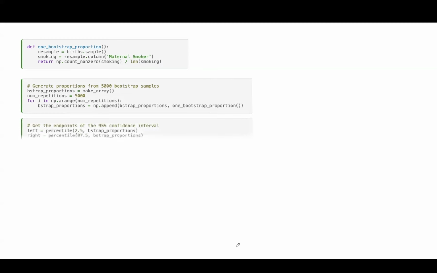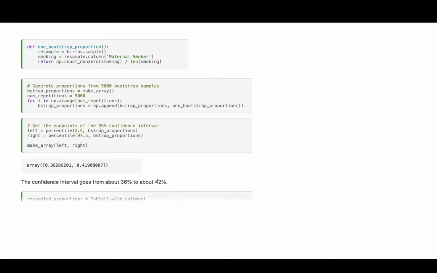They're going to define the endpoints of the 95% confidence interval. And it generates the following confidence interval for us: 36.29% and 41.91%. So the confidence interval goes from about 36% to 42%.